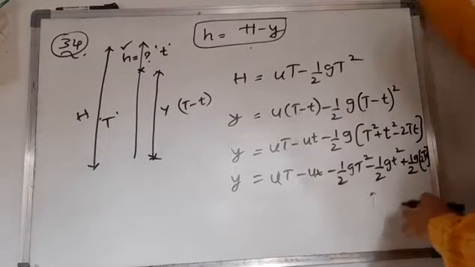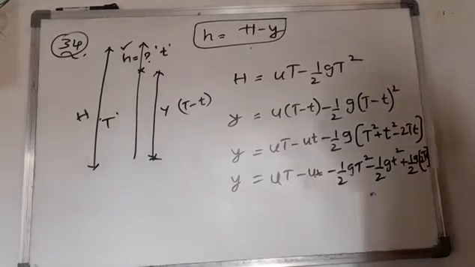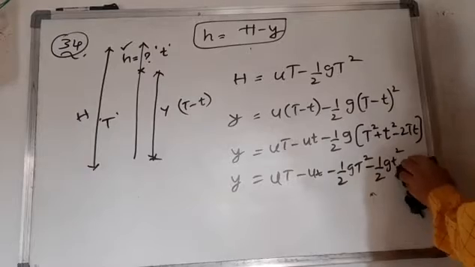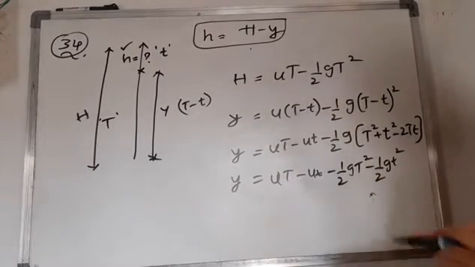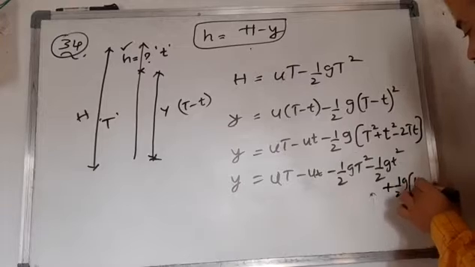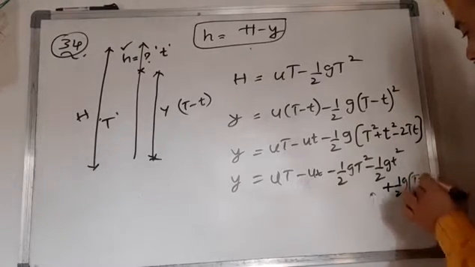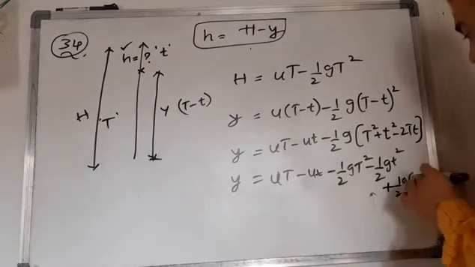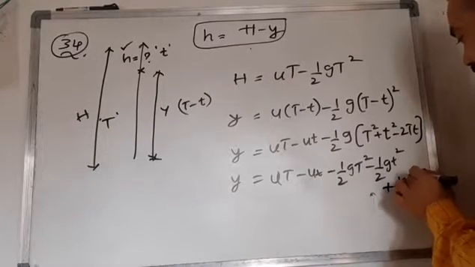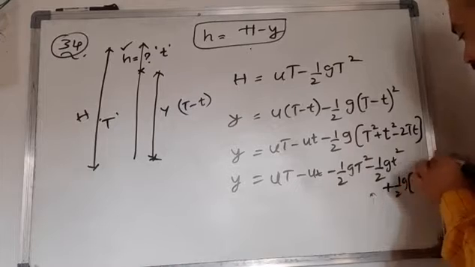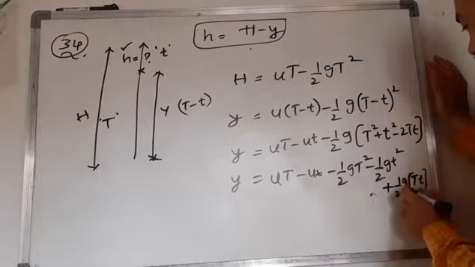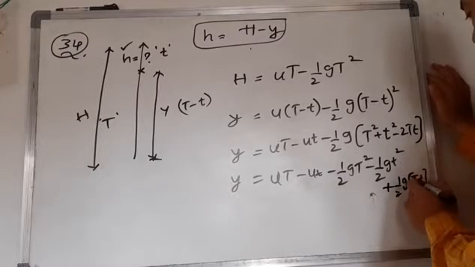This term I will write here once again: plus half g into capital T small t into 2.